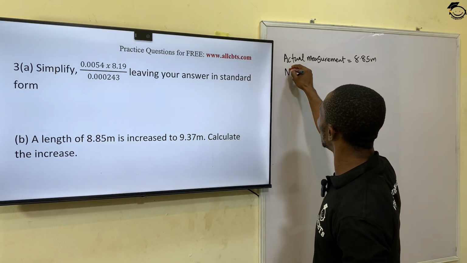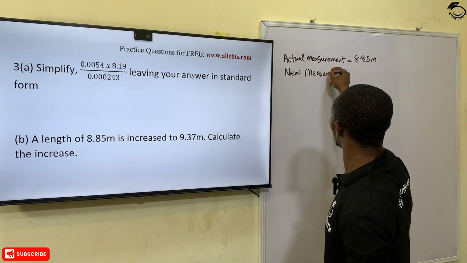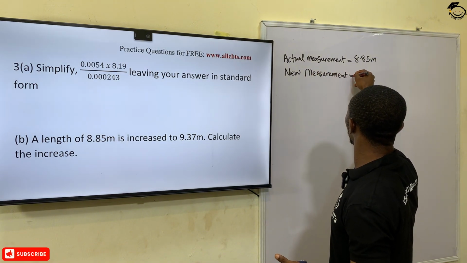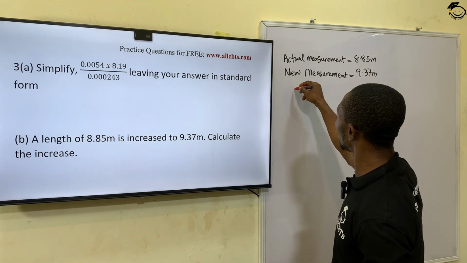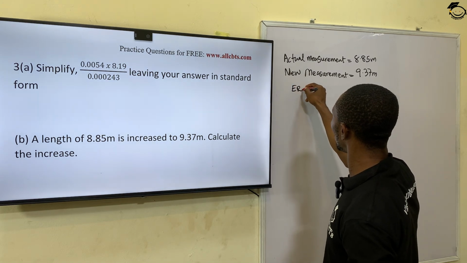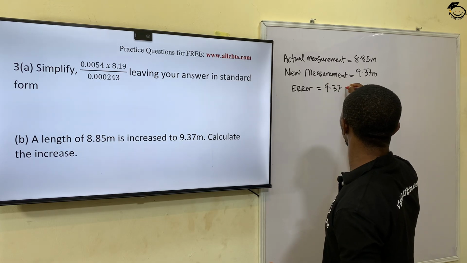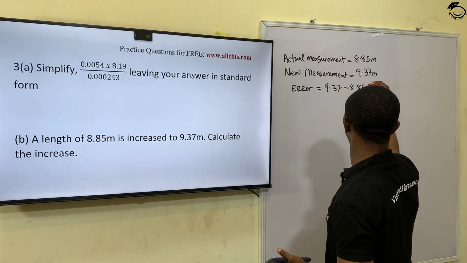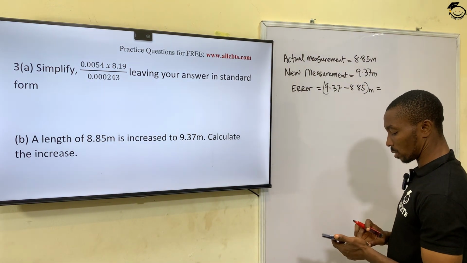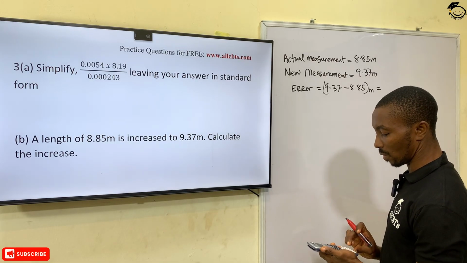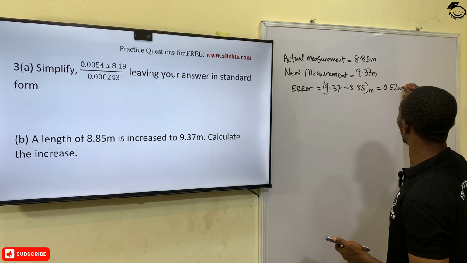Our new measurement is 9.37 meters. The difference between our measurements, our error, would be 9.37 minus 8.85 meters, which would give us 0.52 meters.